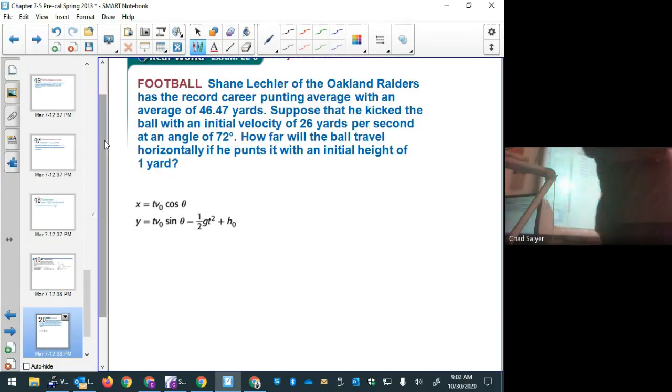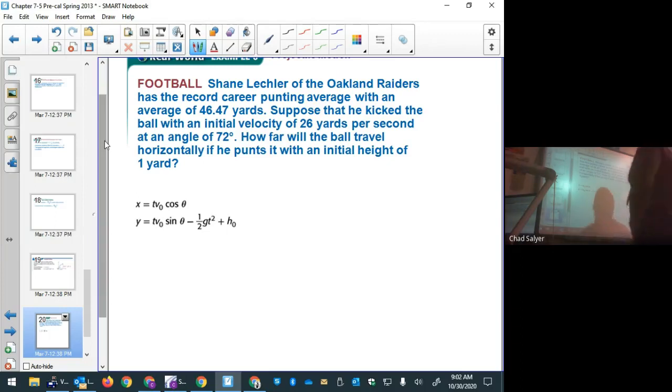Okay, football. Shane Lechler of the Oakland Raiders has a record career punting average of 46.47 yards. Suppose that he kicked a ball with an initial velocity v sub 0 of 26 yards per second and at an angle of 72 degrees. How far will the ball travel horizontally if he punts it with an initial height of 1 yard?